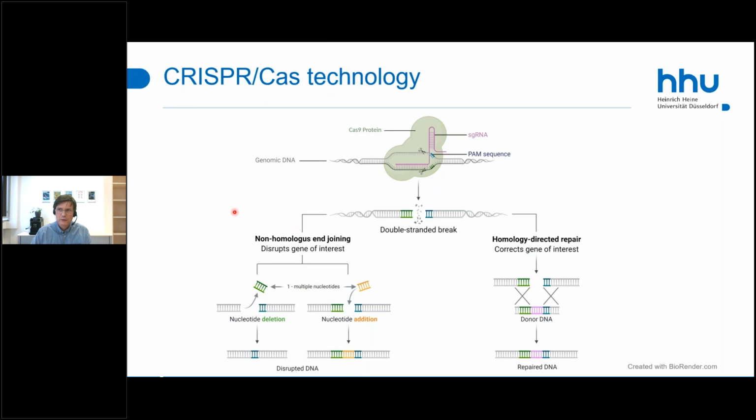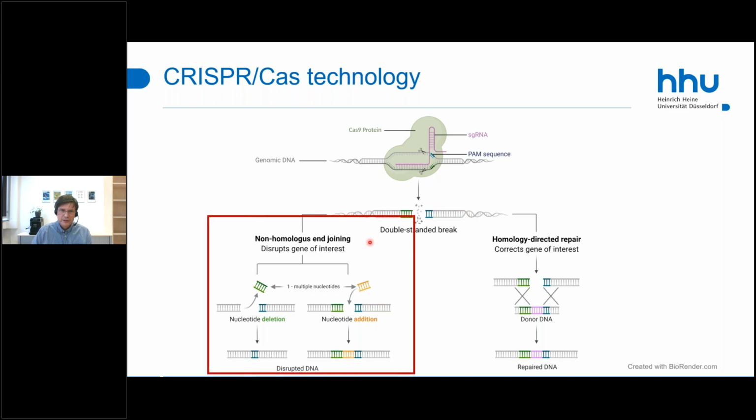What all the platforms have in common is that they induce a double-strand break. And as these double-strand breaks also occur naturally through environmental factors, the cell has developed over evolution several mechanisms and pathways in order to cope with those double-strand breaks. The two main pathways are listed here on this slide. They are non-homologous end joining and homology-directed repair.